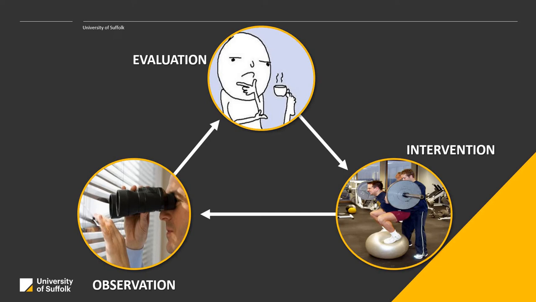I'm not sure I'd recommend that for anything ever, but it could also be some sort of gait retraining for someone that's suffered an injury and needs to recondition themselves to a particular gait pattern, or it could be tweaking their technique somehow. But in order to assess the efficacy of your intervention, you will need to perform a subsequent observation after an appropriate period of time to see if it's been effective, and then the process begins again.